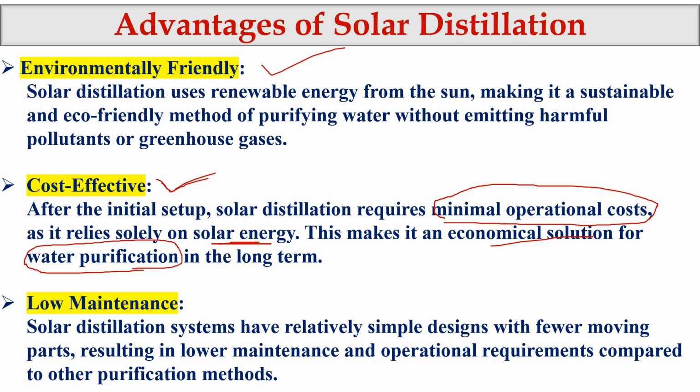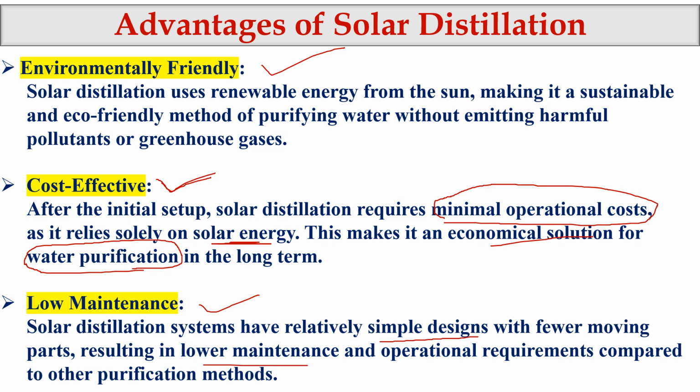So that's another advantage. The third one is low maintenance. We almost don't need any maintenance, apart from wiping and removing the contamination. That is the only thing required. Solar distillation systems have a very simple design with fewer moving parts. There are no moving parts at all, resulting in lower maintenance.